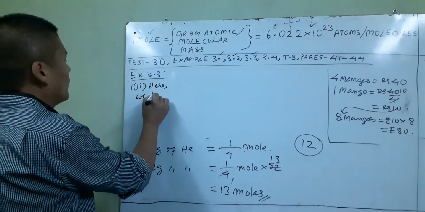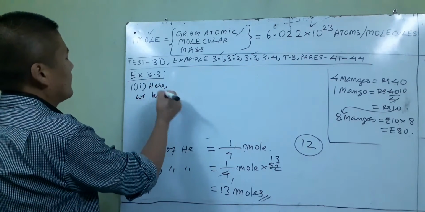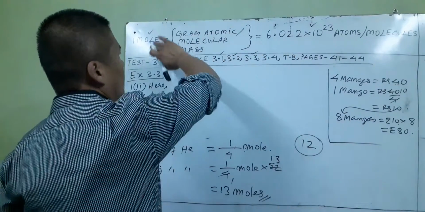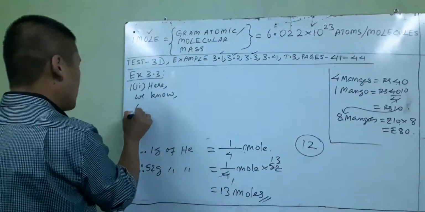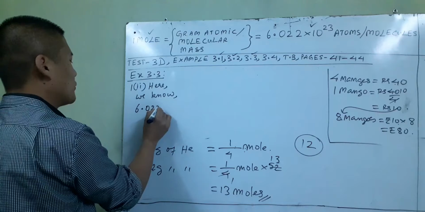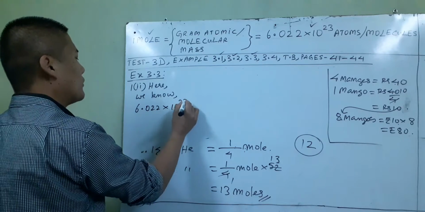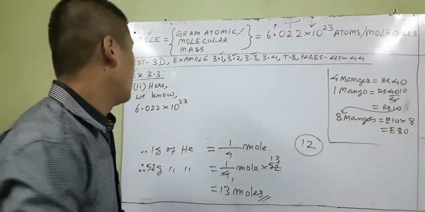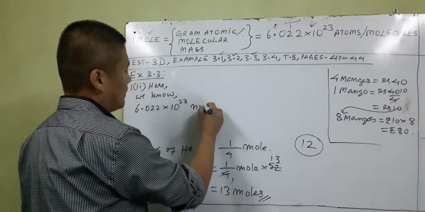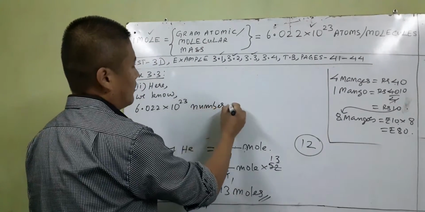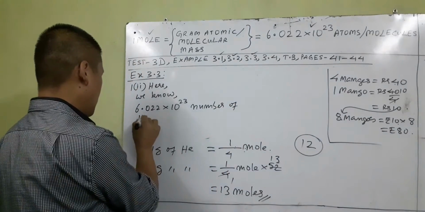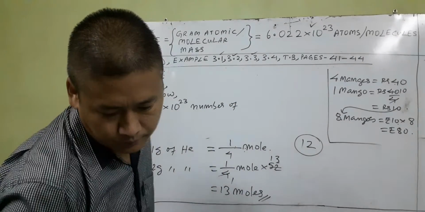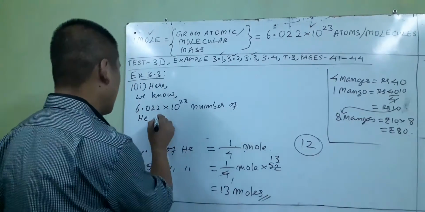So here we know this formula. Find the mole from number this time. So we know that Avogadro number is 6.022 into 10 to the power 23, and we can use the same language of the text. Number of helium atoms. They are saying like that. So number of helium, He atoms.